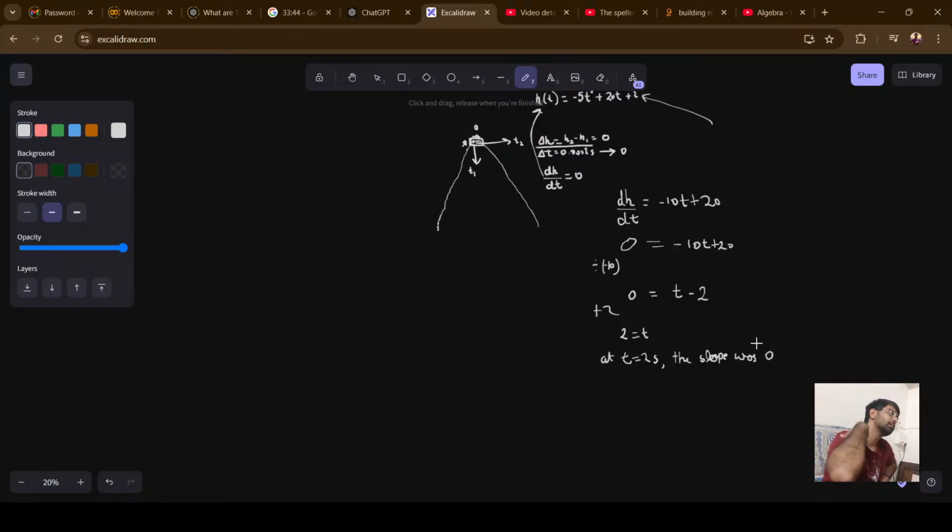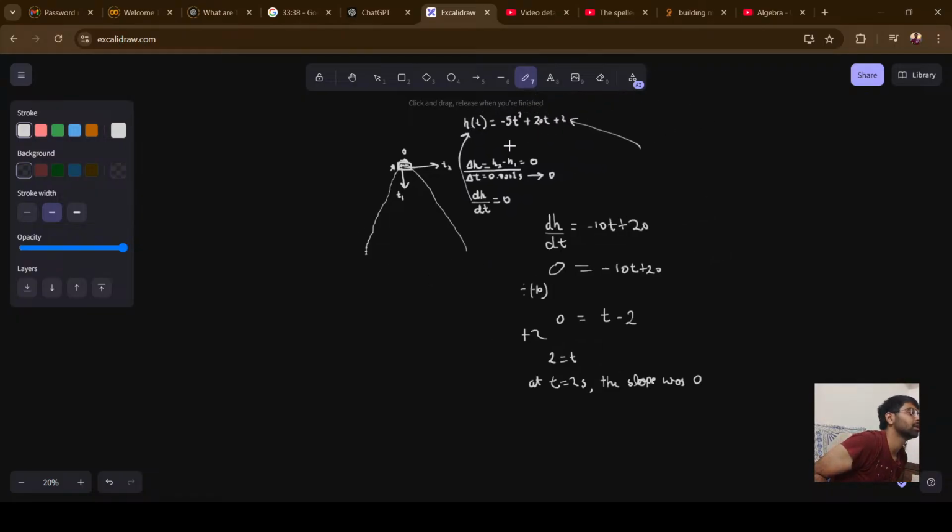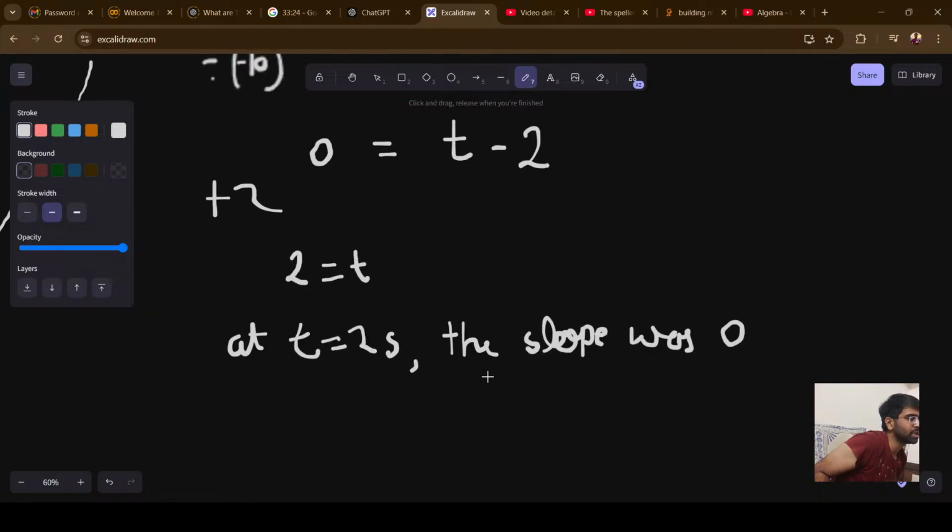Because the slope can be 0 at either. If it is minus 5t square, then this is a proper definition.